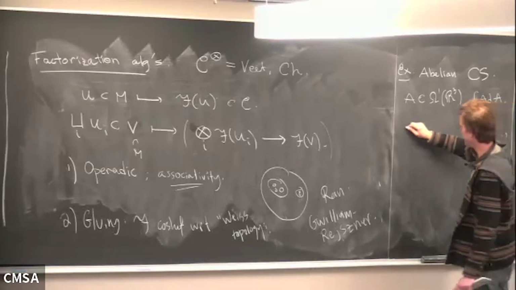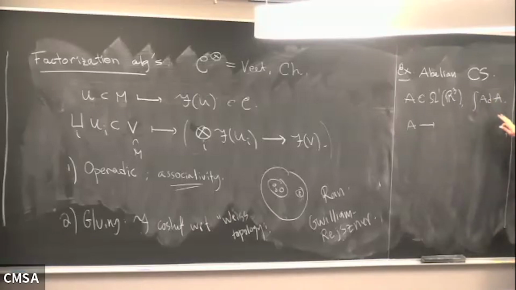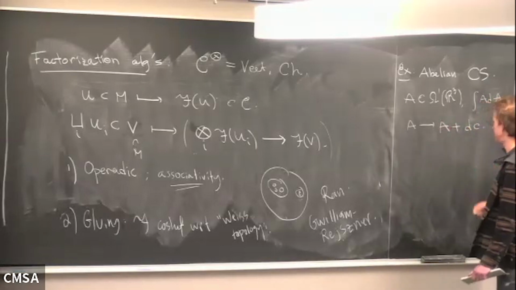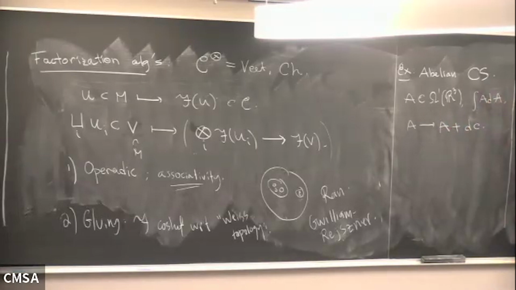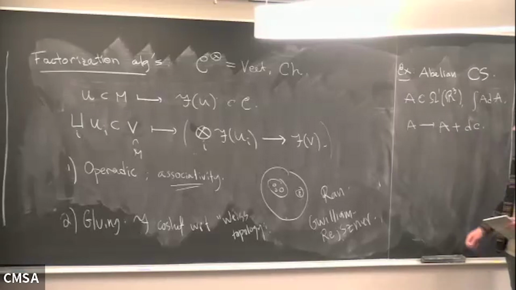There's a gauge symmetry here, meaning a symmetry of this action, which I would like to remember. Here that's just encoded by the de Rham operator. So for any function c, this action is left invariant under this transformation. This is an abelian gauge transformation.